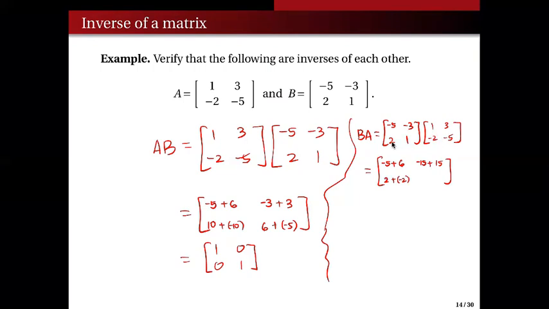Second row, second column: 2 times 3 is 6, plus 1 times negative 5 is negative 5. You will clearly see that you have the identity matrix here. Therefore, A and B are inverses of each other.